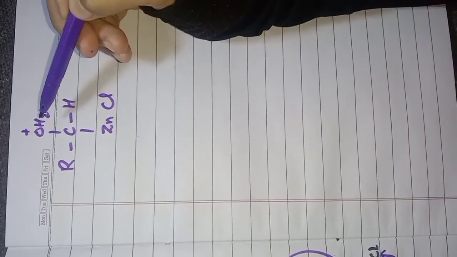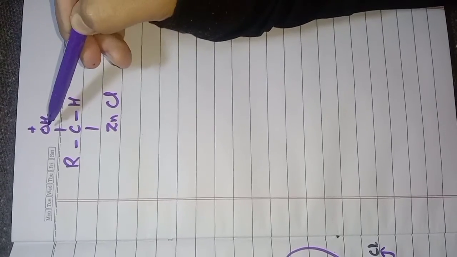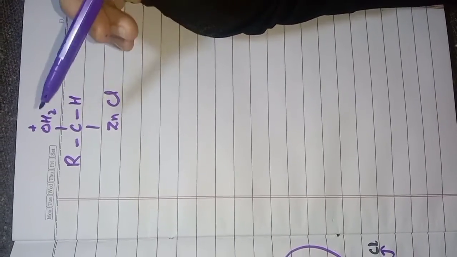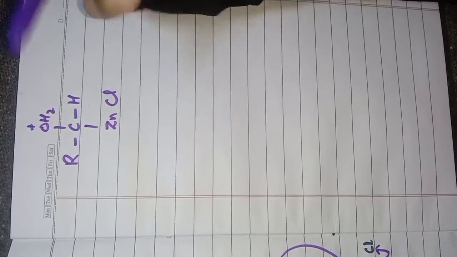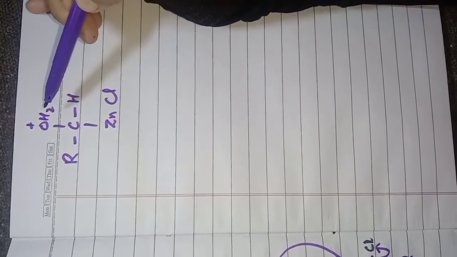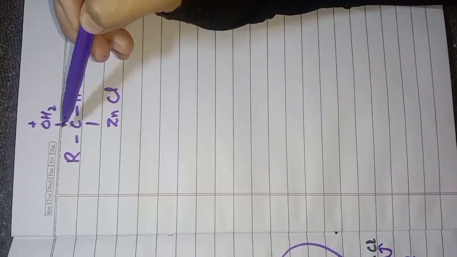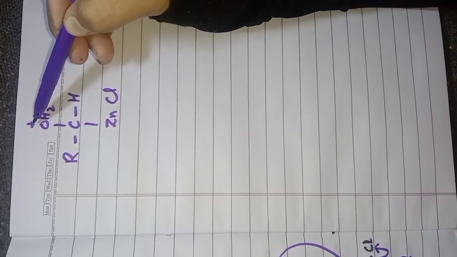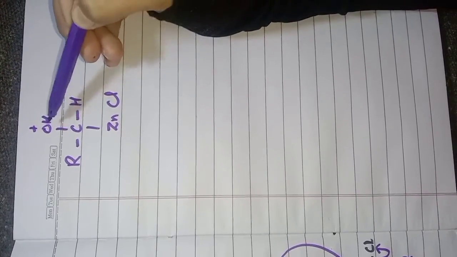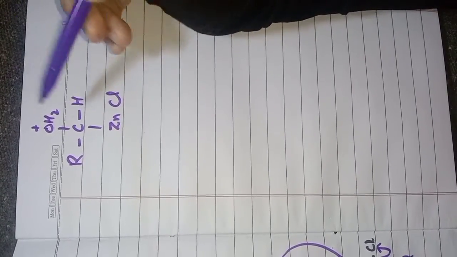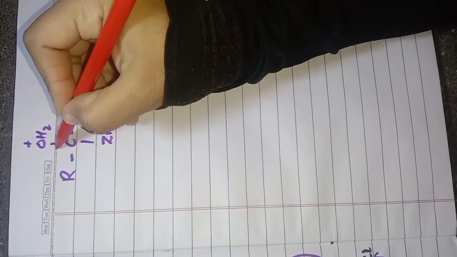Now remember one thing: the valency of oxygen is 2. It means it can form 2 bonds, which shows its stability. But here it is forming 3 bonds, 2 with hydrogen and 1 with carbon. The positive charge on the oxygen shows its instability because of this bond with carbon. So what will happen? This will be removed in the form of water.